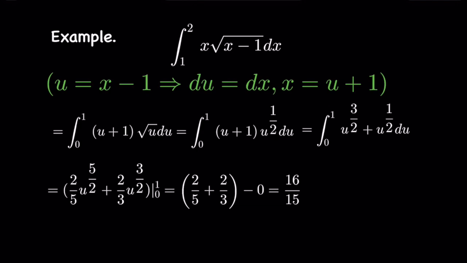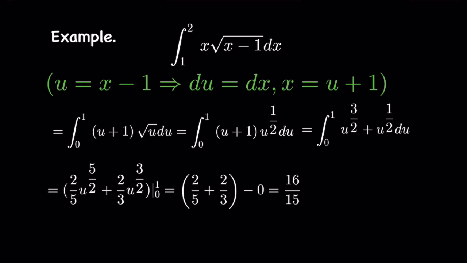And now you just use the power rule to integrate these two functions. Integral of u to the power 3/2 is u to the power 3/2 plus 1, which is 5/2. So it's going to be u to the power 5/2 divided by 5/2. But instead of dividing by 5/2, you can simply multiply it by 2/5.